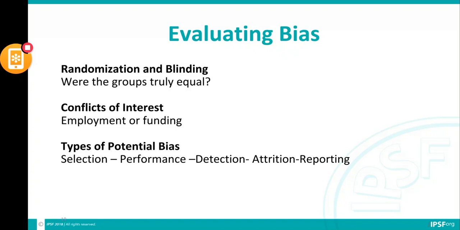Conflicts of interest are also of note. Oftentimes, if a drug company is funding a trial for one of their new drugs, we have to make sure that they're not selectively promoting positive outcomes and that they're reporting all the outcomes. So we want to make sure that there's no conflict of interest when we're trying to evaluate the validity of a paper.